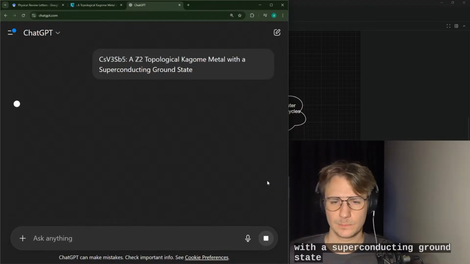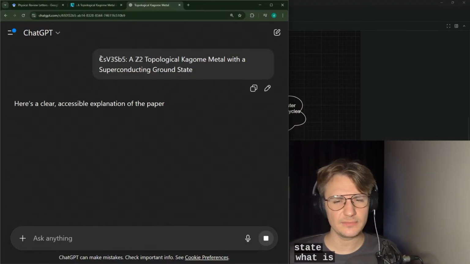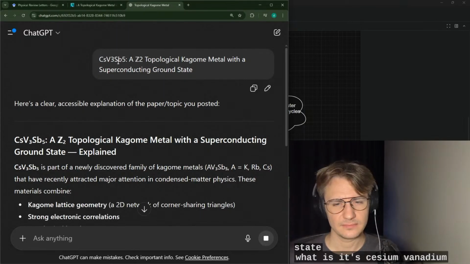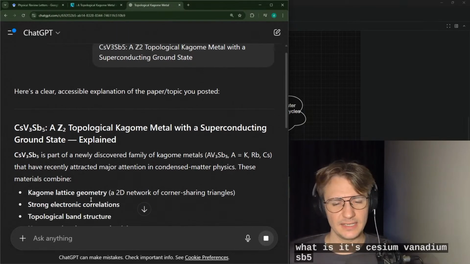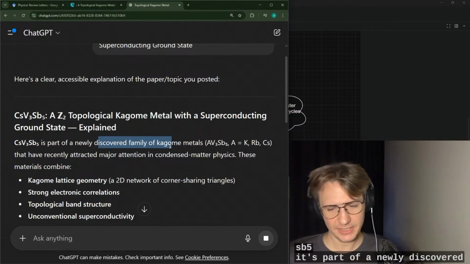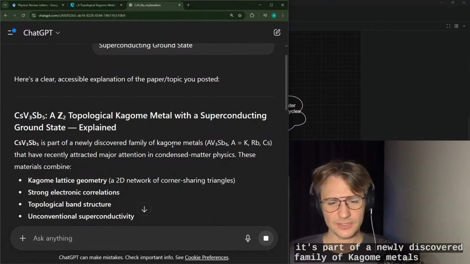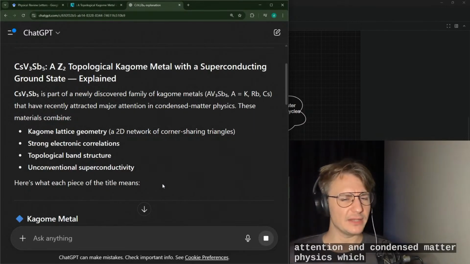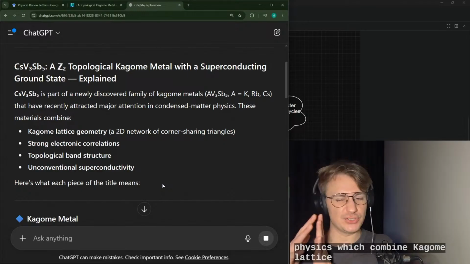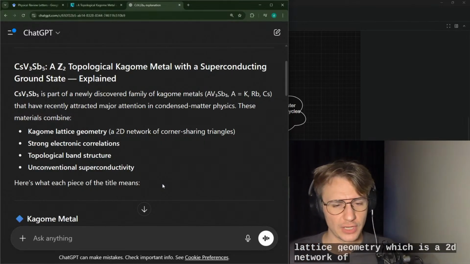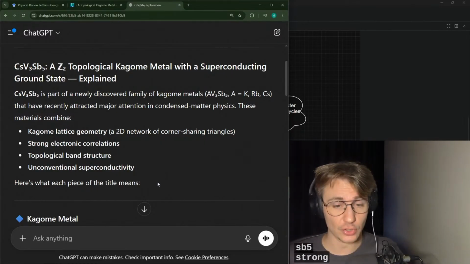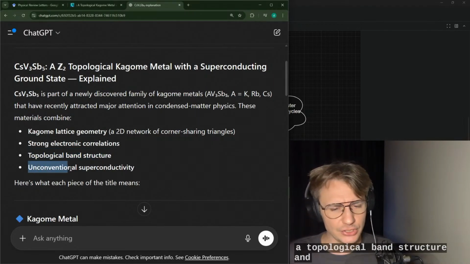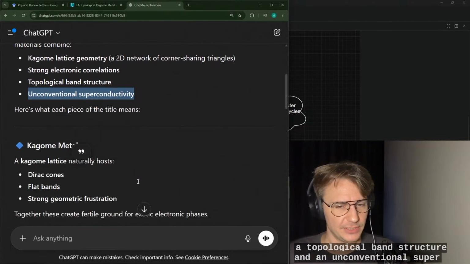What is it? It's cesium vanadium... SB5? It's part of a newly discovered family of kagome metals that have recently attracted major attention in condensed matter physics, which combine kagome lattice geometry, a 2D network of corner-sharing triangles, strong electronic correlations, a topological band structure, and an unconventional superconductivity.